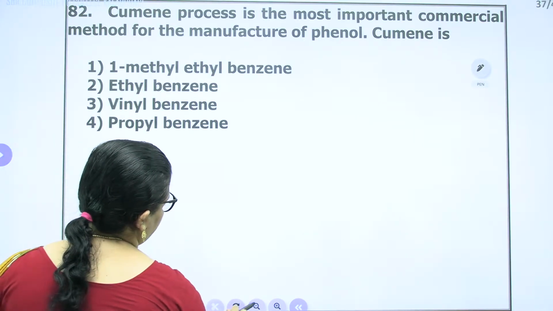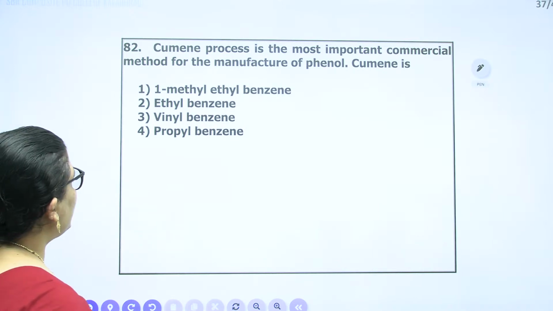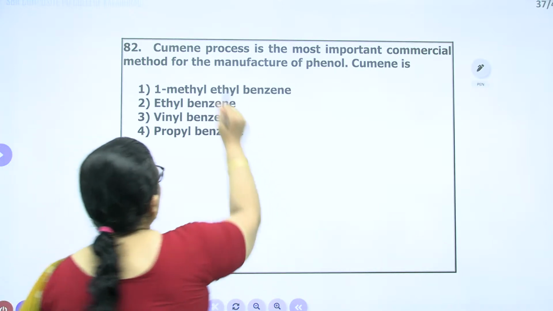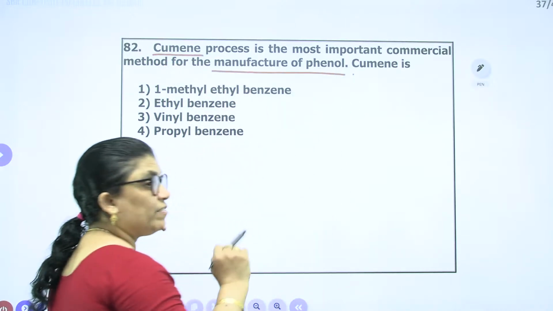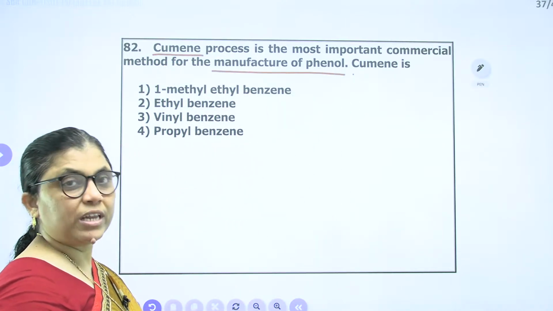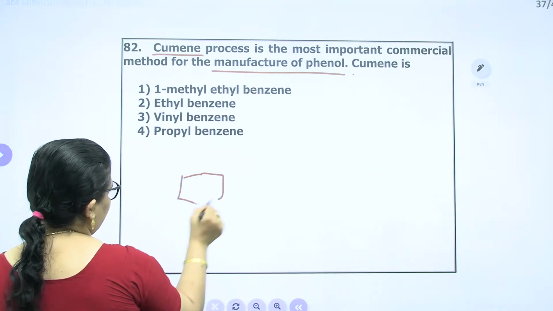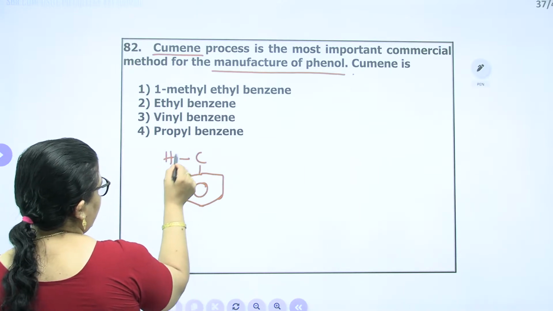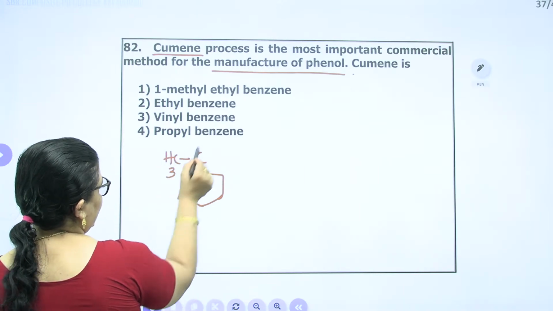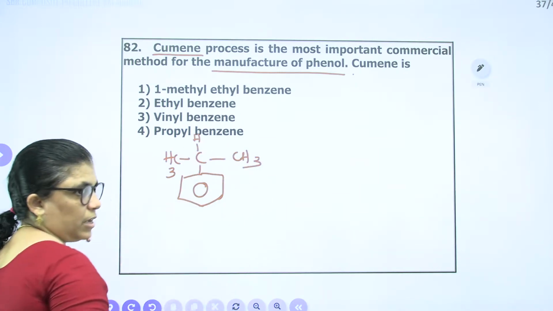82. The cumene process is the most important commercial method for the manufacture of phenol. What is cumene? Cumene can be written as benzene with CH and CH3, CH3.